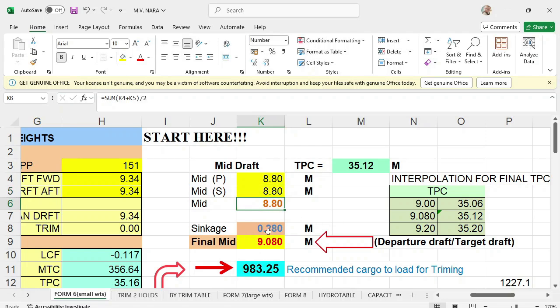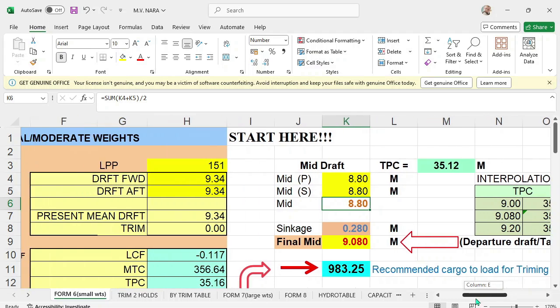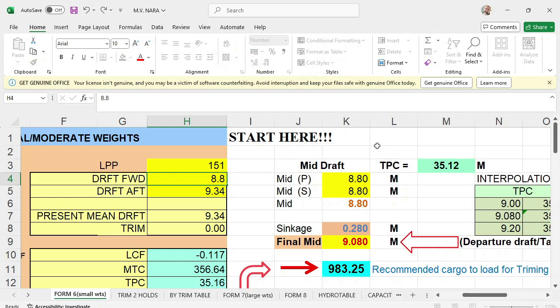Then your sinkage will be 28 centimeters. Okay, let's say it's an even keel, 8.8.